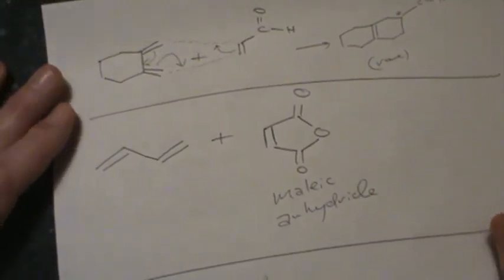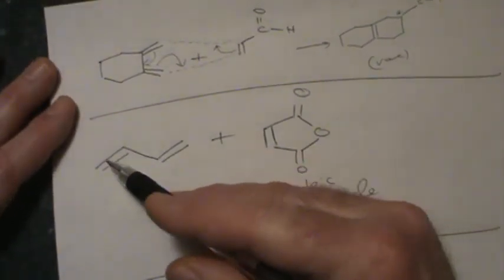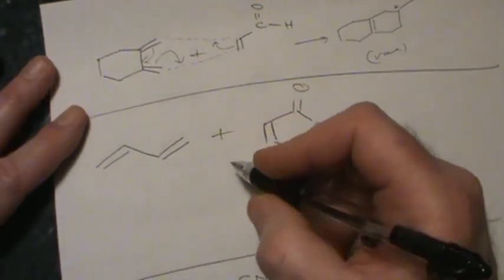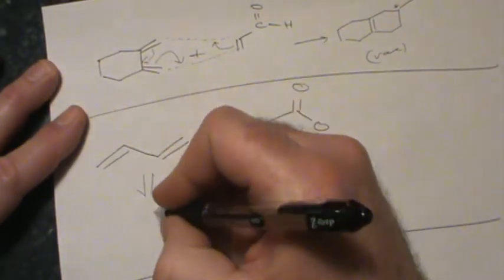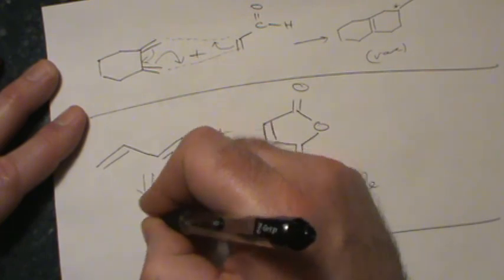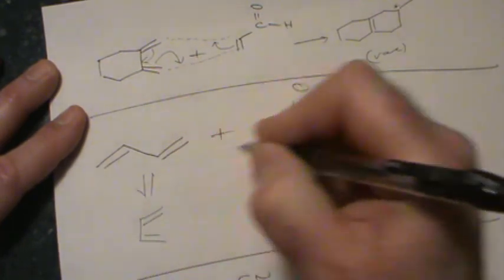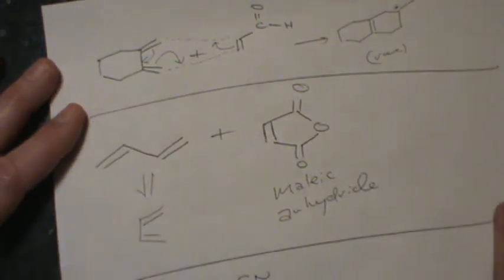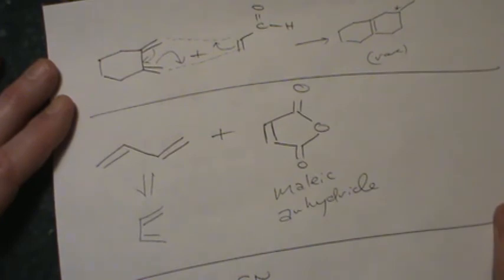But the problem right now is that my molecule is shown in an S trans conformation, and so I need to be aware of the fact that that can very rapidly undergo a conformational change in order to form the S cis.